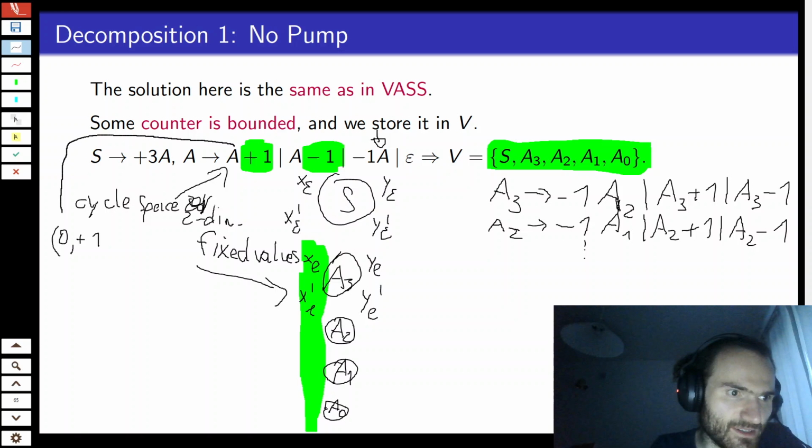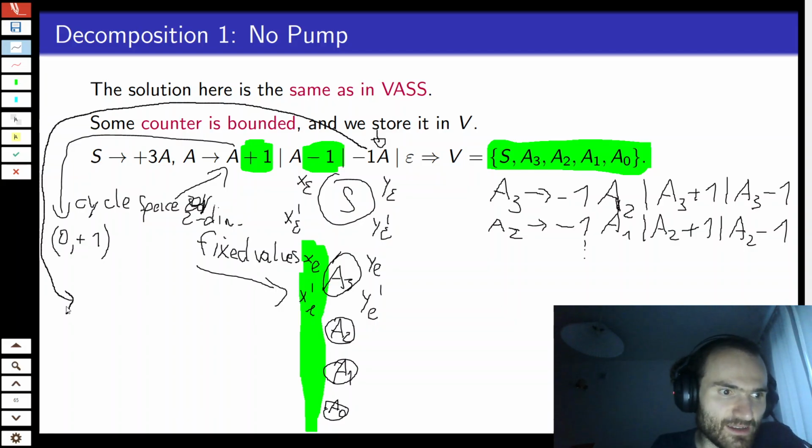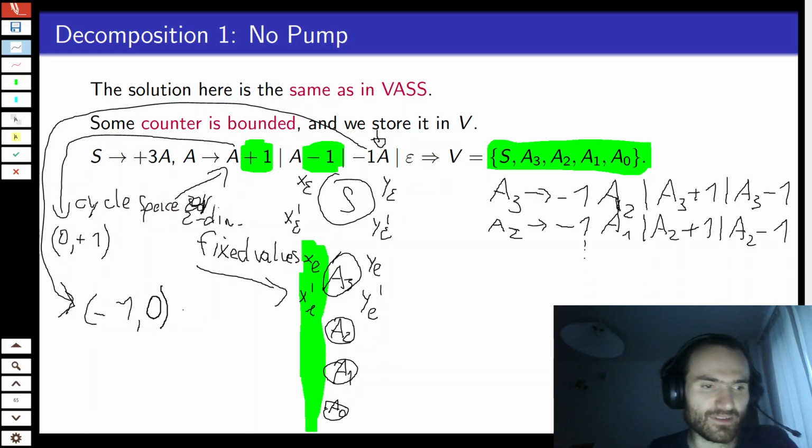This is from here: a cycle which has 0 on the left but plus 1 on the right. And it's generated by this other one, minus 1a. Minus 1a means minus 1 and 0. And together these two of course have dimension 2.